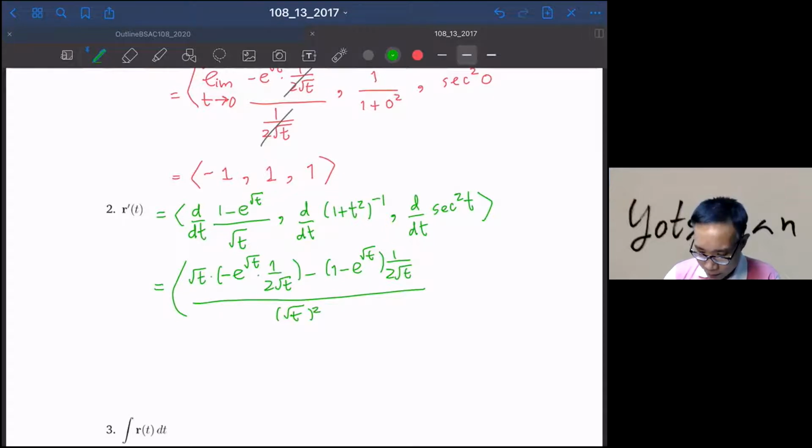For the second one, let me highlight this a little bit to distinguish.